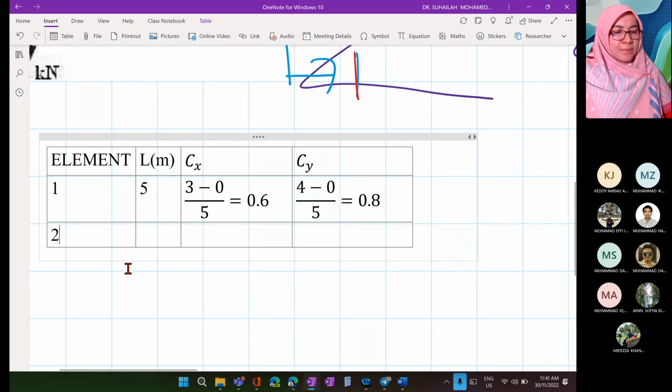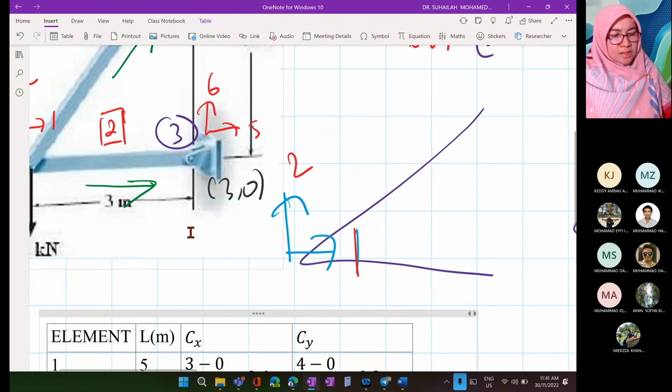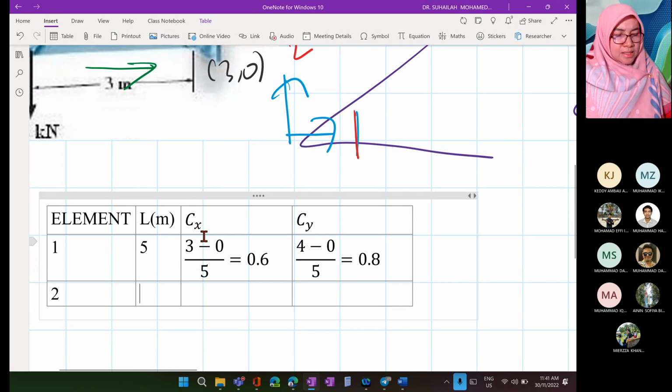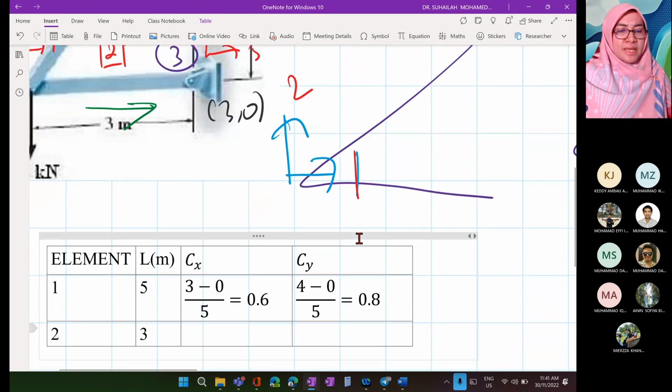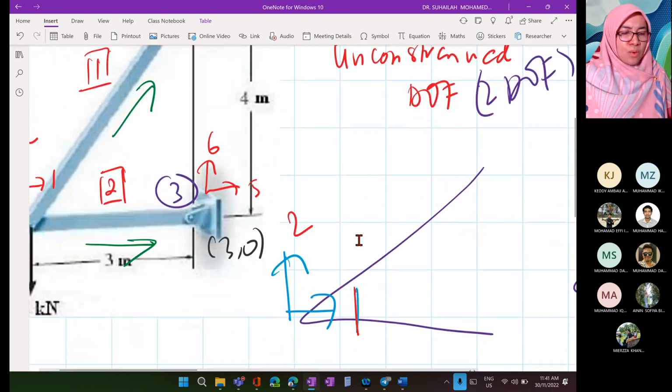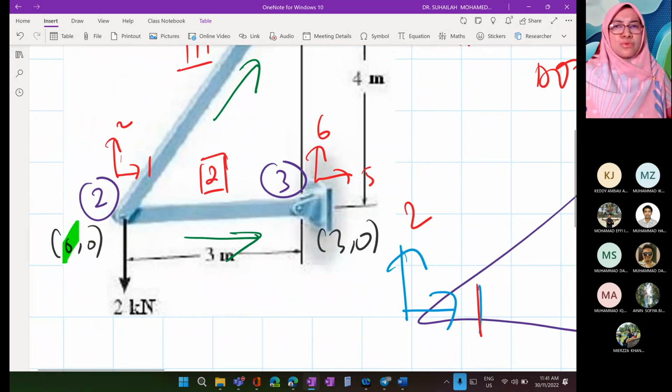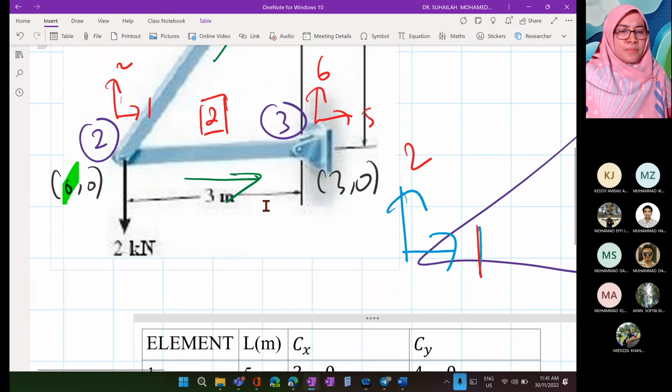For element number 2, the length is 3 meters. Cx and Cy. Look at element number 2, look at the x coordinate, 3 minus 0. Look at the arrow. The arrow is always going to the far end, so 3 will be far.